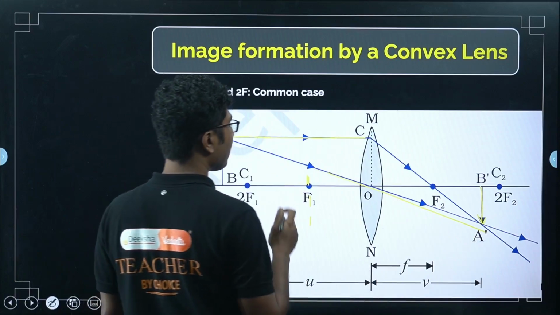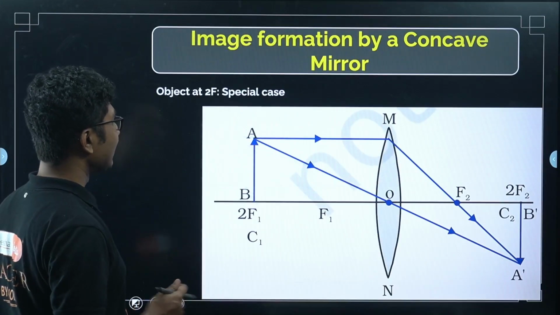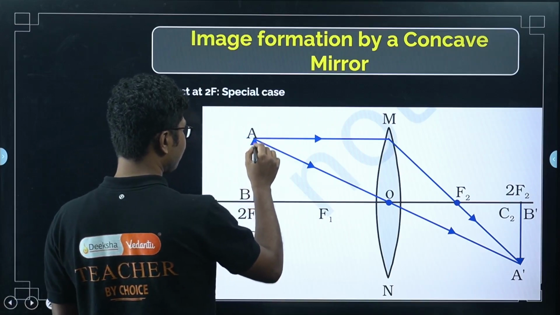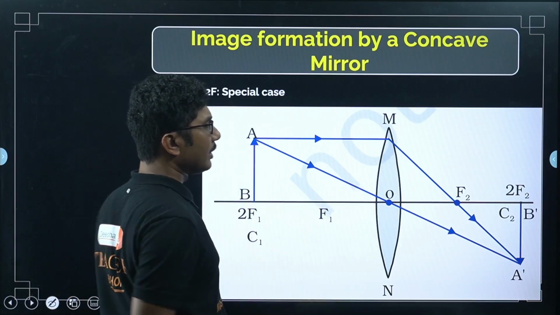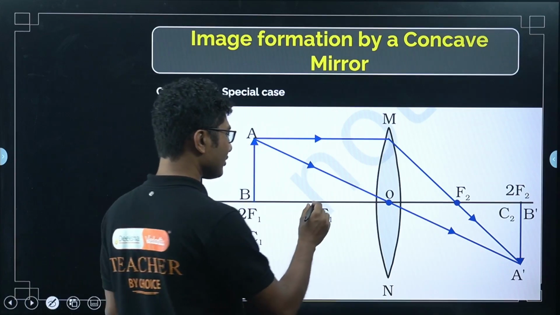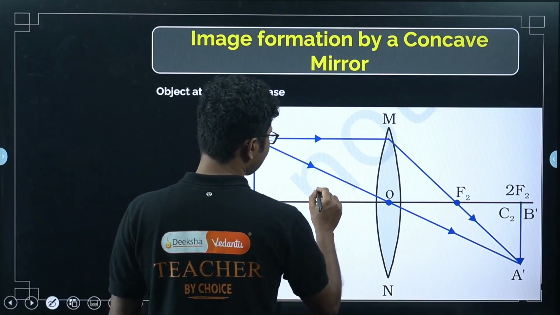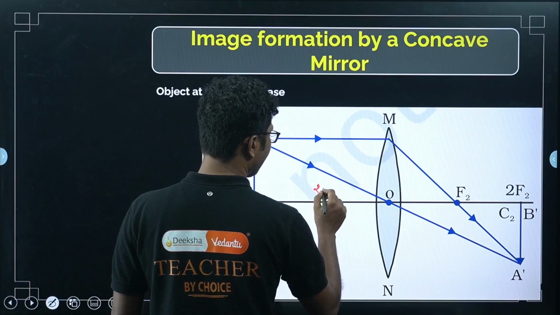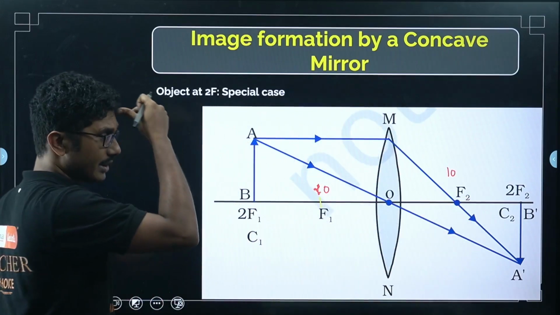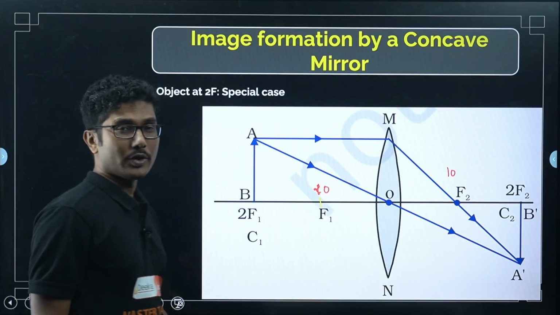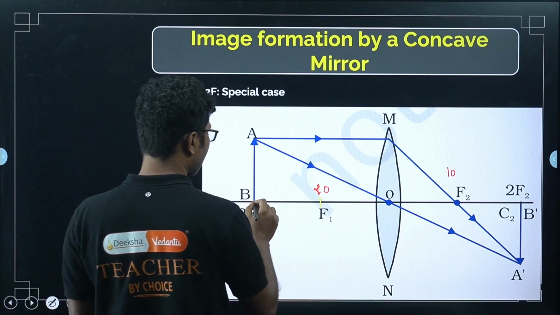Now you have to remember that there are two special cases. One special case is when the object is located at 2F. First of all, you can take any distance as F, it does not matter. In this case you don't need to be technically correct like in mirrors. Take some F, say 10 centimeter, but don't take any F or 2F at this point; take the 2F points.